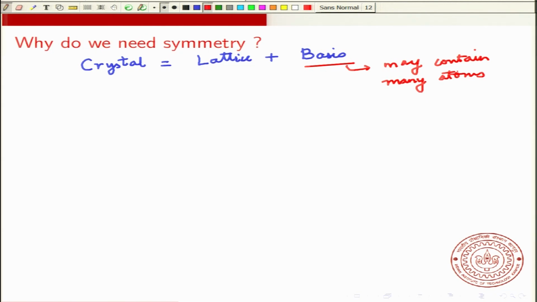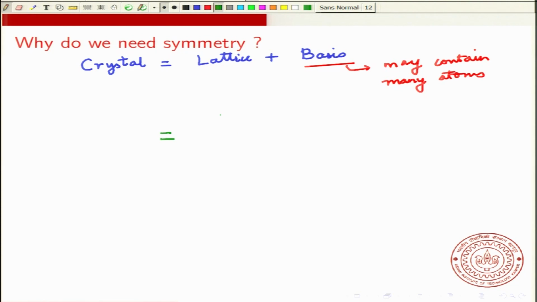So now what this suggests is that this picture of crystal as lattice plus basis could be equivalently written in the following form.